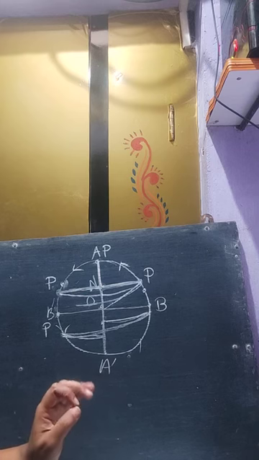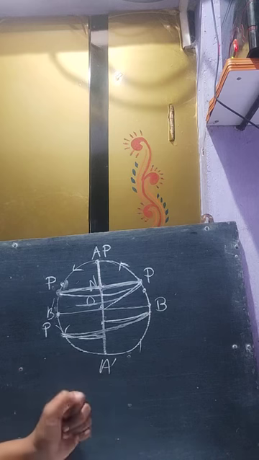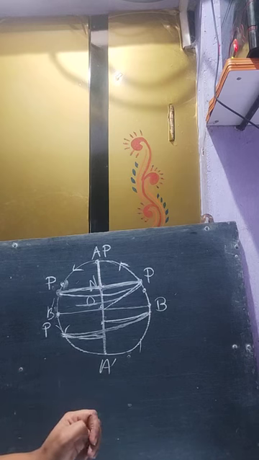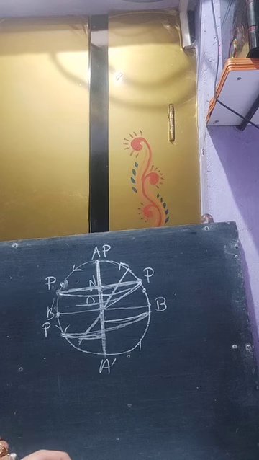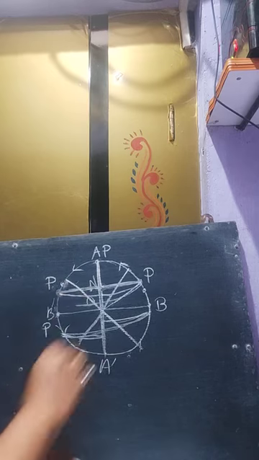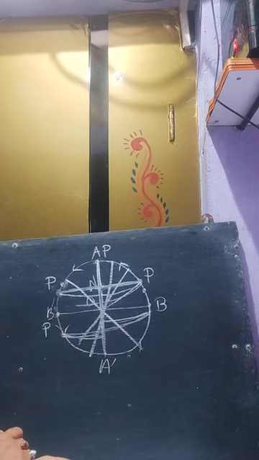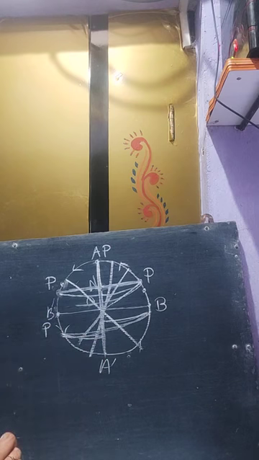Now, the motion of the projection of the particle on any other diameter of the circle of reference will also be simple harmonic motion. Here I have considered this diameter. If I consider this diameter, then also the projection will show simple harmonic motion. All of these are diameters of the circle, so all of these will show simple harmonic motion. Therefore, simple harmonic motion may be defined as the motion of the projection of a particle on any diameter of the circle of reference.